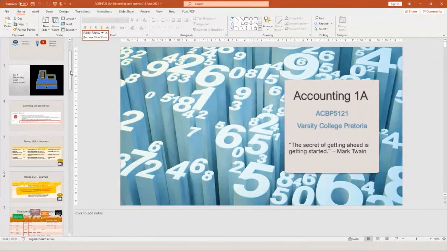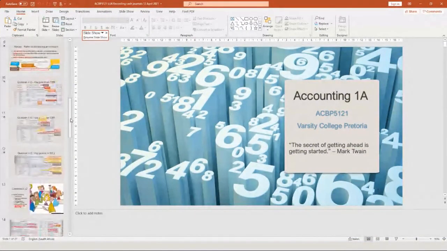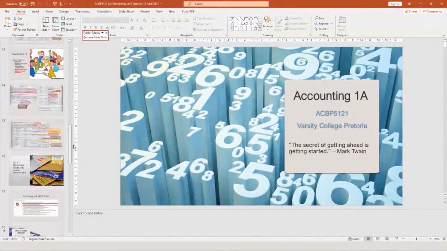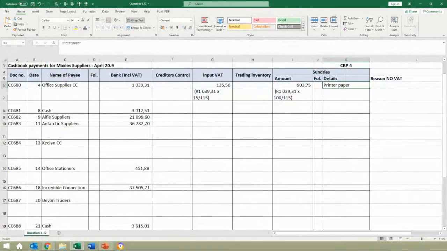If I credit bank, so our bank account is becoming less because I took the money for petty cash, where do I take the other side of the entry? To what account? Okay, to petty cash.